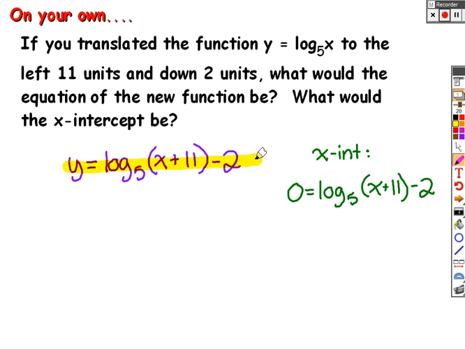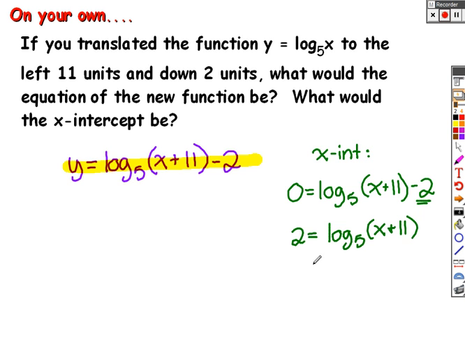And then if I want to find the x-intercept, I just plugged in 0 for y right away. And then if we're going through and solving, careful on this, this is not attached to the argument. It's not part of that logarithm argument. So if I add 2, let's get rid of that first since it's not attached to the argument.